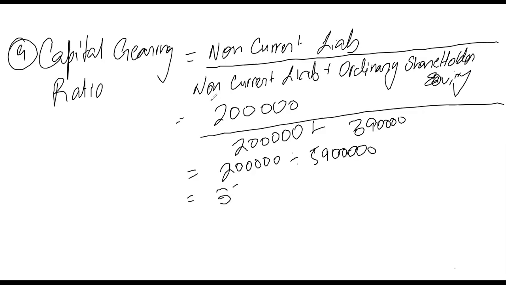Our gearing is 33%, after multiplying by 100.